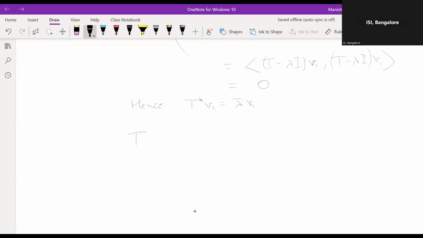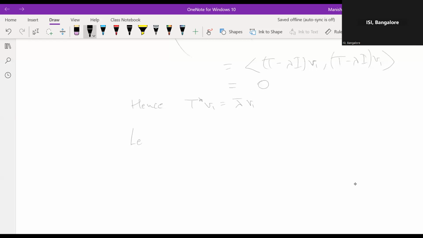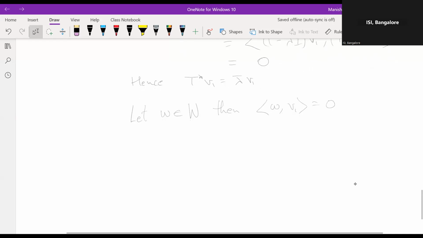So now let W be in W, then what do we know? We know that ⟨W, V1⟩ is 0. And we want to show that TW is also orthogonal to V1, so we want to show that ⟨TW, V1⟩ is also 0.